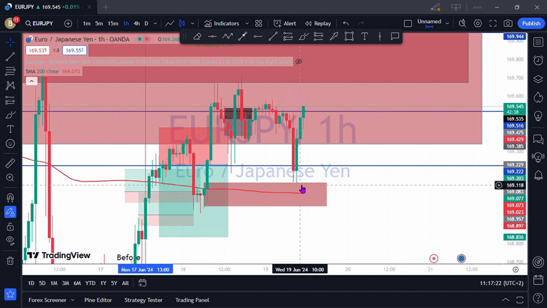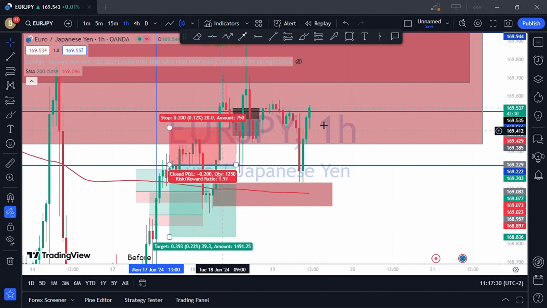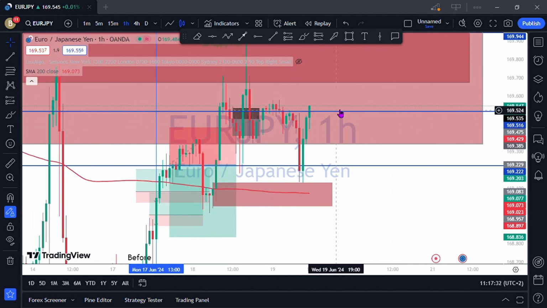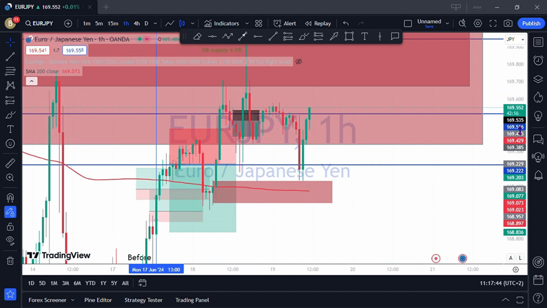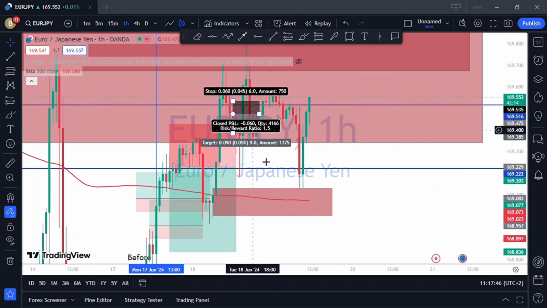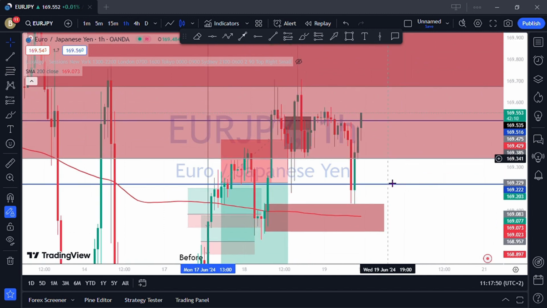So it keeps on being rejected at this zone or the other block that I drew. You can see the actual zone was broken, but the price was following the other block that we marked. And truly, it came, grabbed liquidity, and it goes down. It trended down again. So you can see the strategy works. It's just a matter of time.